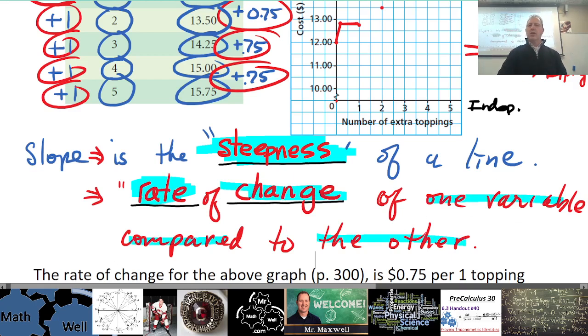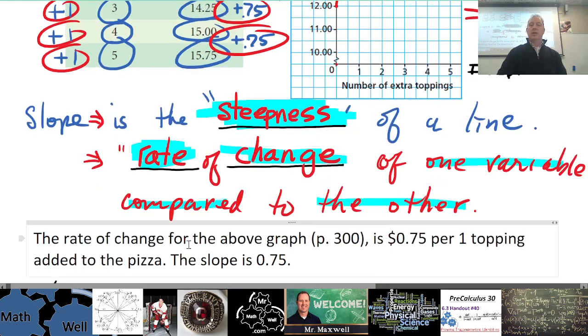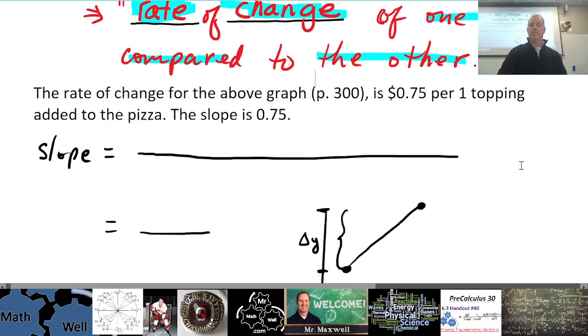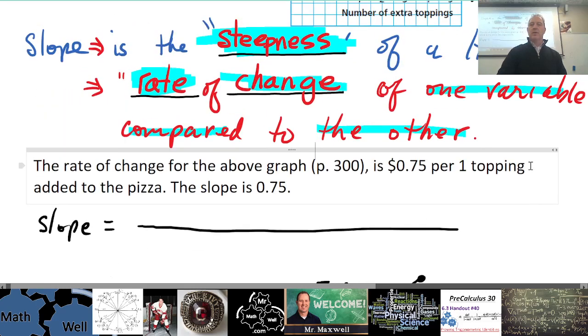Just like the toppings on the pizzas. The slope is the rate of change. Okay? Here it is right here. Every new topping is $0.75 or 75 cents. So that's the slope, 0.75. Okay? Now on the graph, is everyone okay there? Any questions about those last 2 statements?